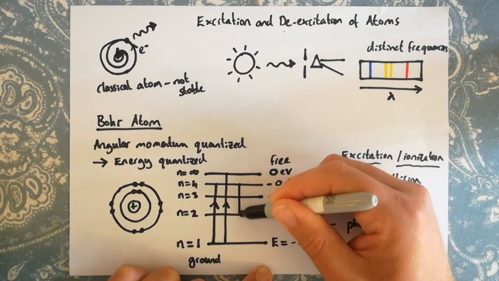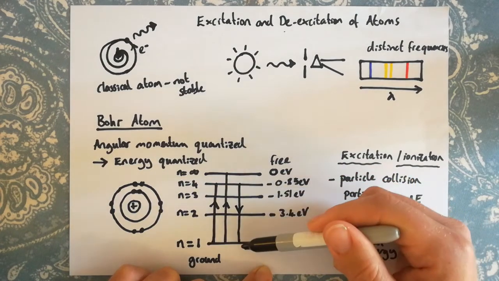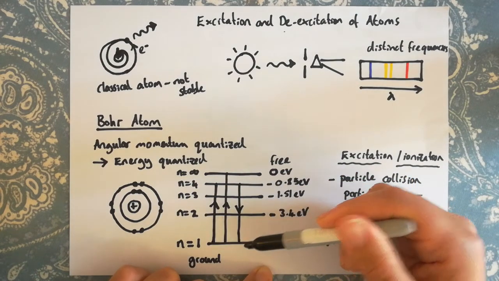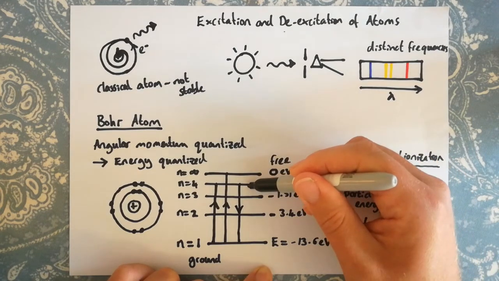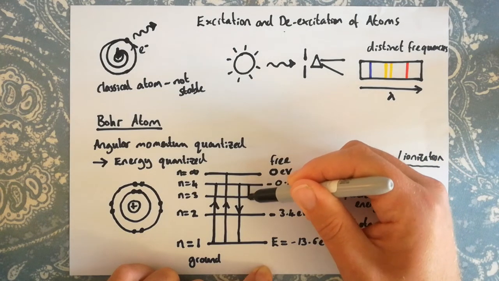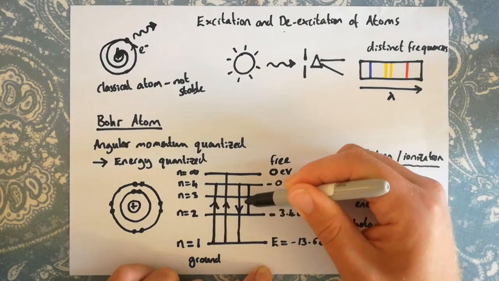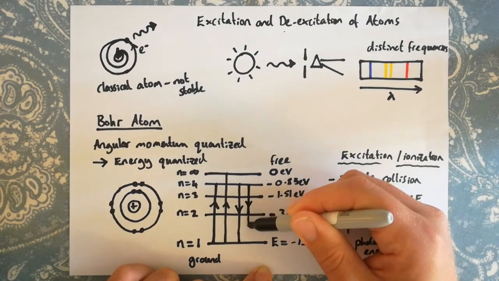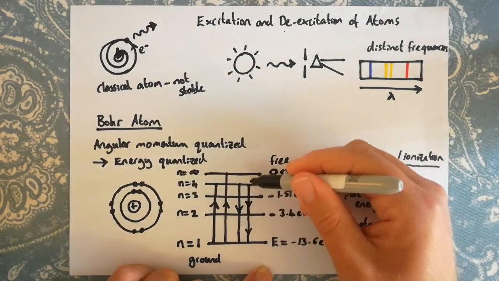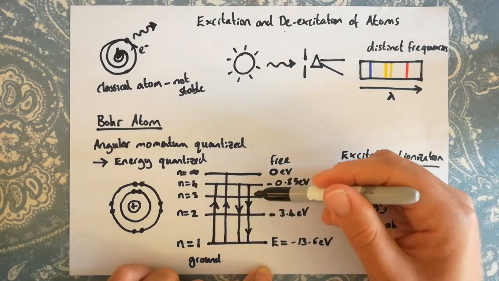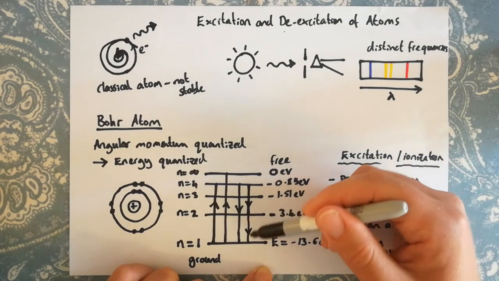So it could take one giant leap back down from 4 to 1. It could, however, do it in a different way. It could jump from 4 down to 2, and then from 2 down to 1. In that second case, it's going to emit 2 photons.